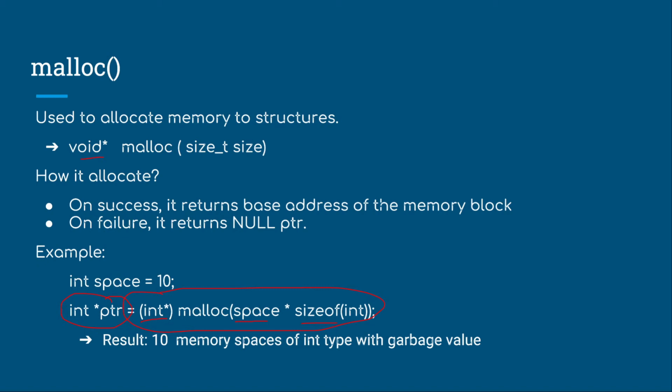Fine. This is compiler dependent. Let's say in a 64-bit machine it will need 4 bytes and in a 32-bit machine it will need 2 bytes. And as a result it will allocate 10 memory spaces of int type with garbage values. That means it won't be initialized with zero or any other values. After declaring the memory chunks with malloc, there will be some random values generated by the compiler.